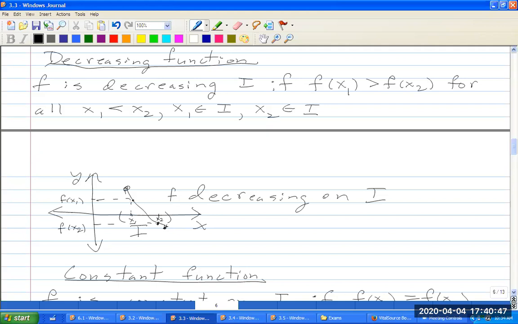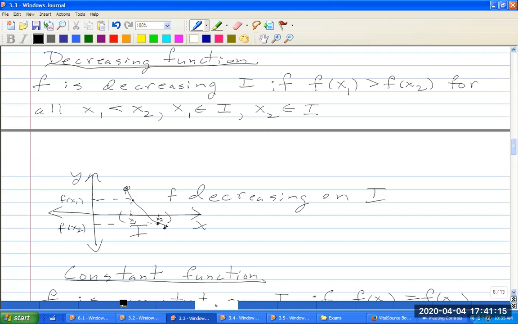So f is decreasing on the interval I if f of x1 is bigger than f of x2, which it is, it's above it, for all x1 less than x2, which it is here. And so we notice that this is decreasing if, as we read from left to right, my y values are decreasing.